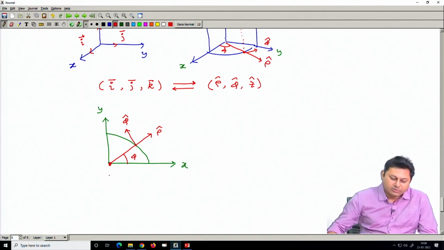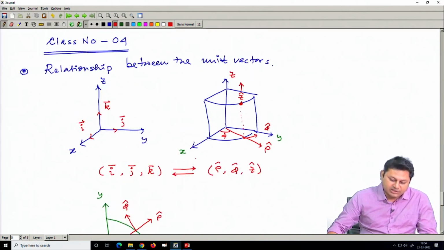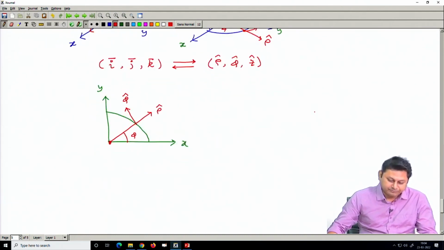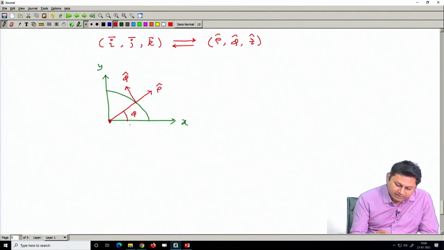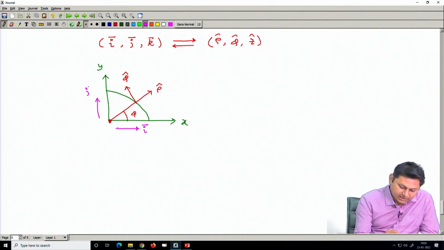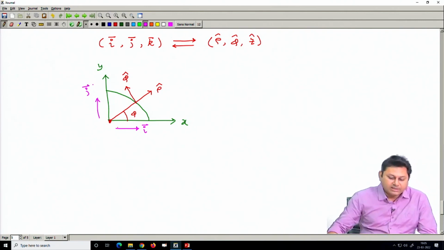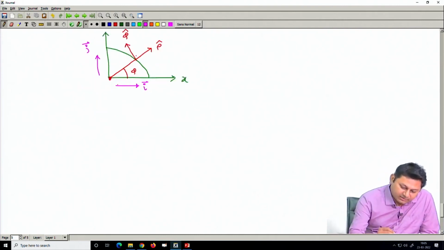I should not bother about j, because in both cases the z direction is the same. So, now along this direction is my i, you should appreciate this fact, and along this direction is my j. So, I need to just decompose everything, and then I can write the vector i in terms of rho, phi and z. So, you can see that phi is here.